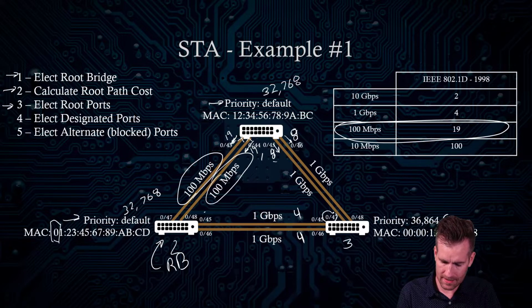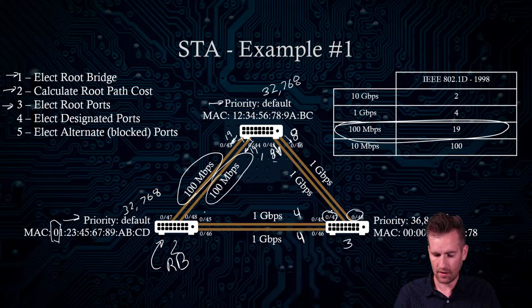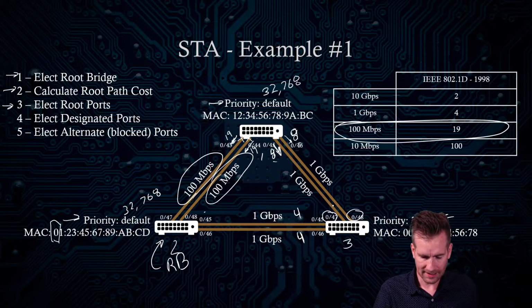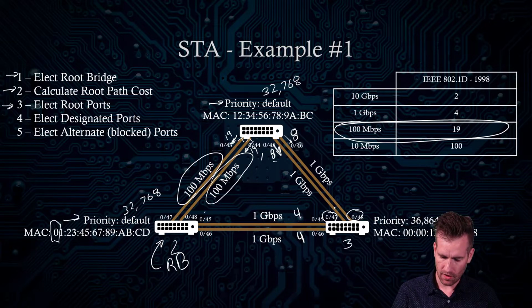So we see 045 and 046. So it's going to be 045, the lowest, if there's no priority set. So we don't see that there's any priority listed, so we're going to assume that it's the default priority. So this first one, 045, is actually going to be the root port.